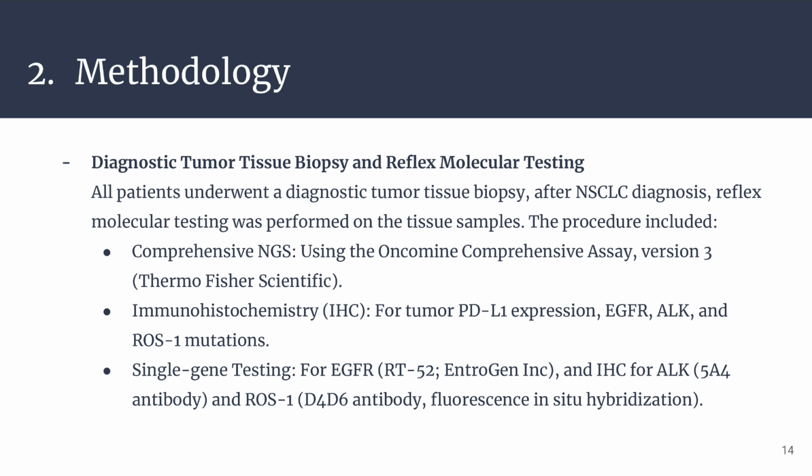The procedures included comprehensive NGS using the Oncomine Comprehensive Assay version 3 of Thermo Fisher Scientific, immunohistochemistry for tumor PD-L1 expression, and other types of mutations. And single gene testing is used for several of the genes, like in the slide.